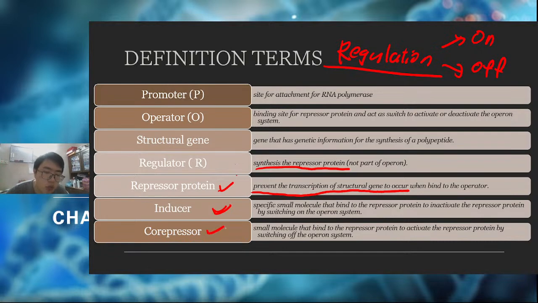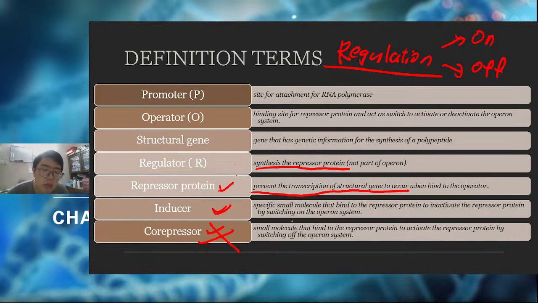And another one is the co-repressor. The co-repressor also binds to the repressor protein, but it activates the repressor protein, switching off the operon. Actually, this one you don't need to learn.